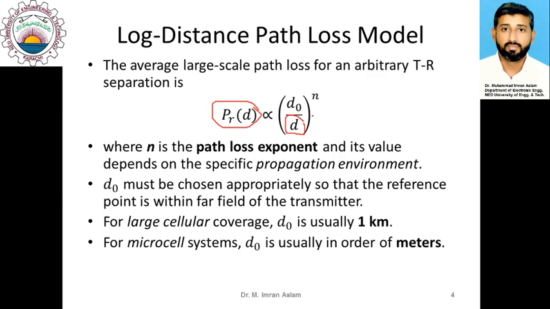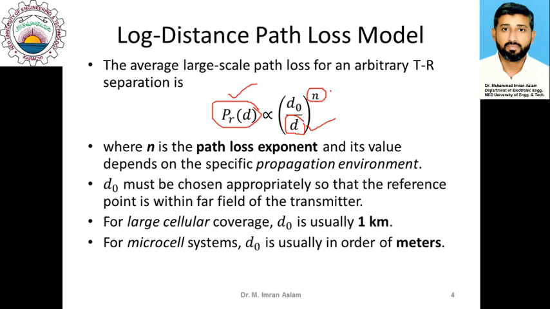In other words, there is a relationship between the received power and the distance, and that relationship is represented in the form of a specific power. For the two-ray ground reflection model, we saw that in this relationship n is equal to 4, and for free space path loss modeling, if you recall, we saw that the path loss index was n is equal to 2.